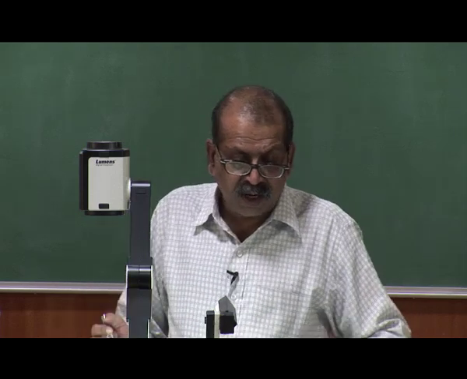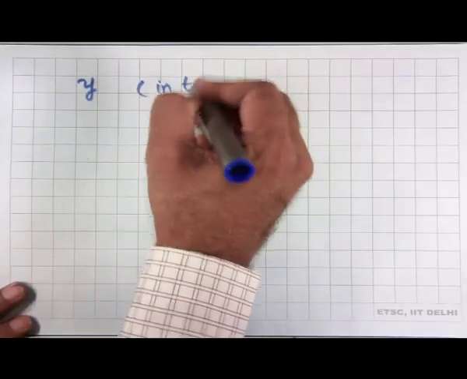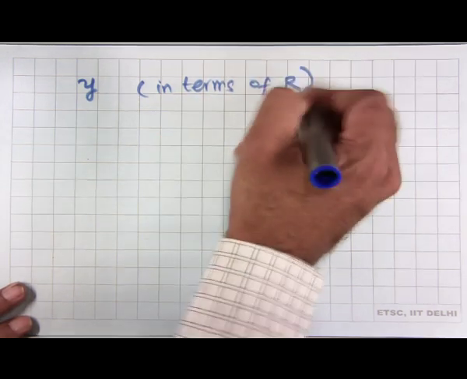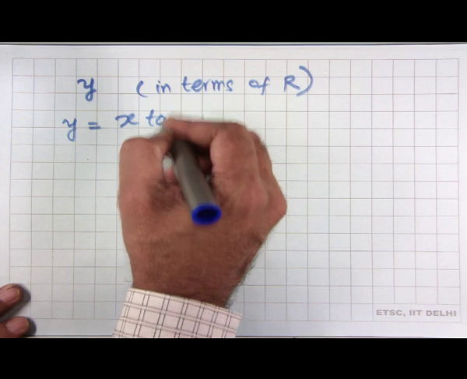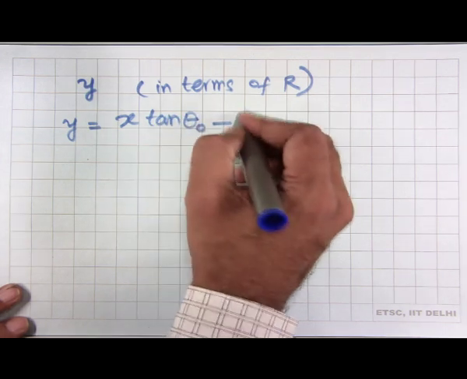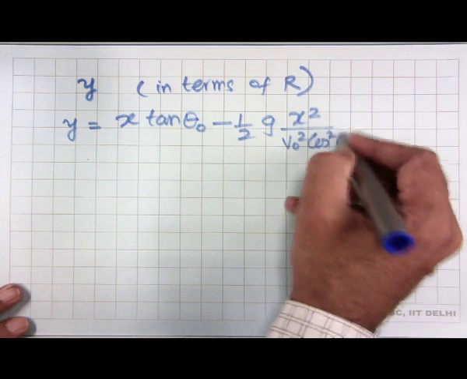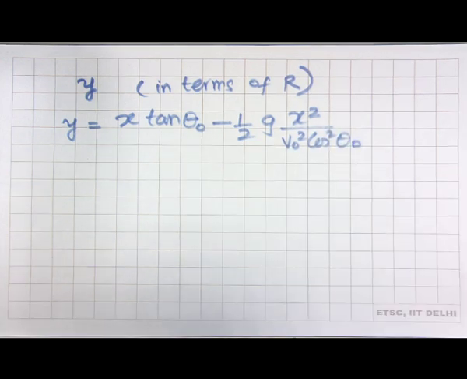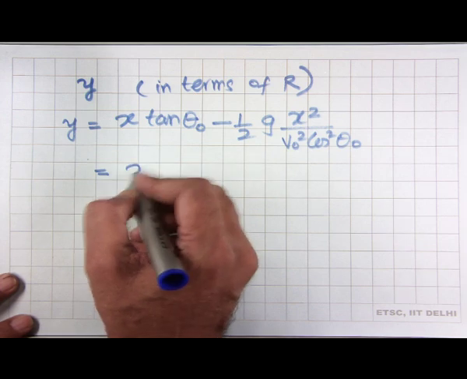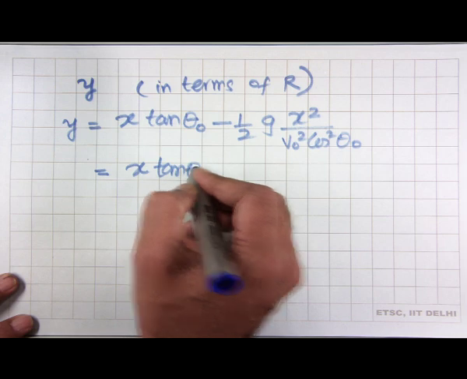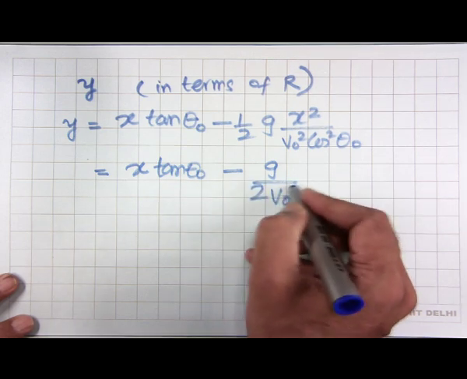Now, let us also look at the trajectory formula for y in terms of the range. For that we look at the expression for y. y is equal to x tan theta 0 minus half g x square upon v0 square cos square theta 0, and this we can rewrite as x times tangent theta 0 minus g by 2 v0 square.